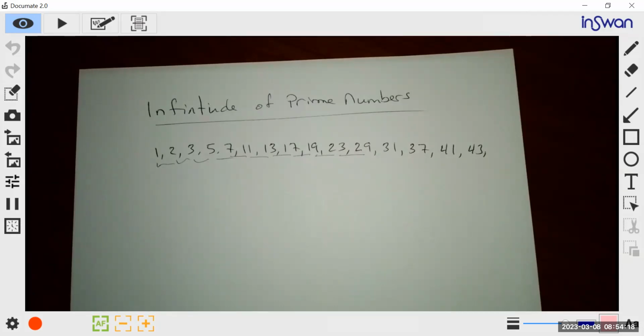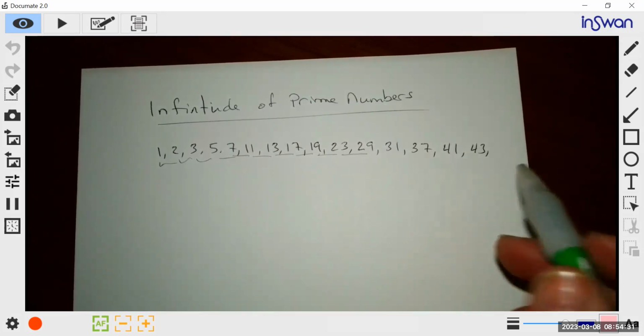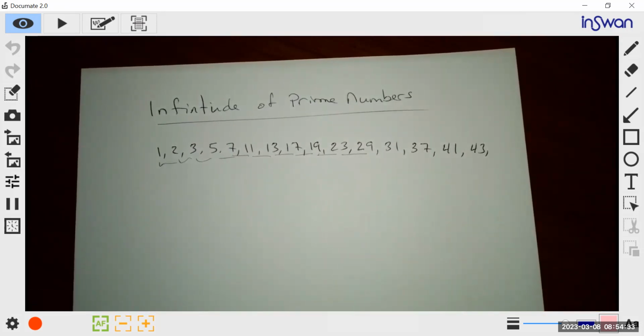What I'm getting to is, how can we prove that there are, say, 1 million of them? Because there's no repeating pattern, there's got to be another prime number out there eventually. Since the numbers never end, we don't know exactly where the next prime number is going to be. There comes a point where they start getting further and further apart.